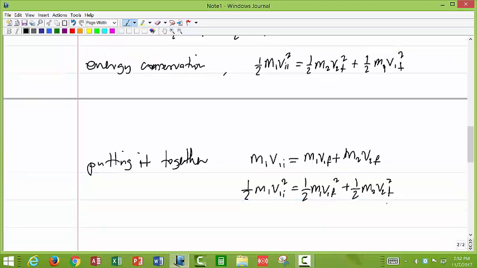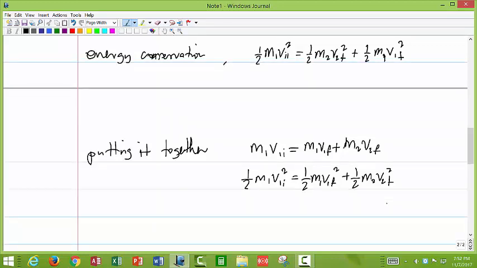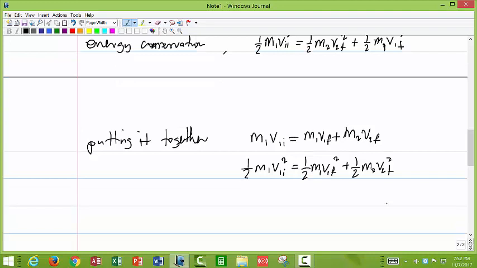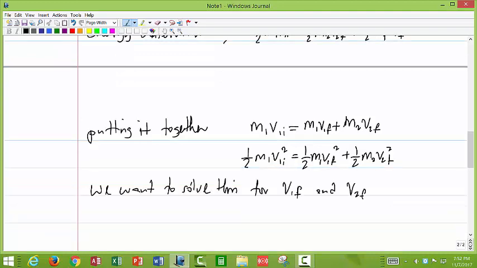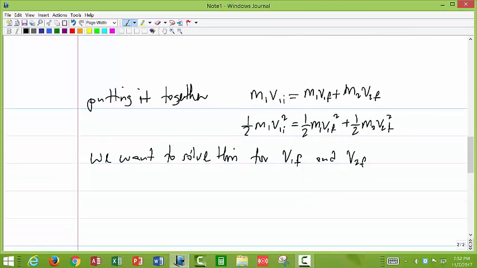Okay, so we have two equations now with unknowns in there that we can solve for. Our goal is to find V1 final and V2 final. We know the initial already, so we want to solve this for V1 final and V2 final.